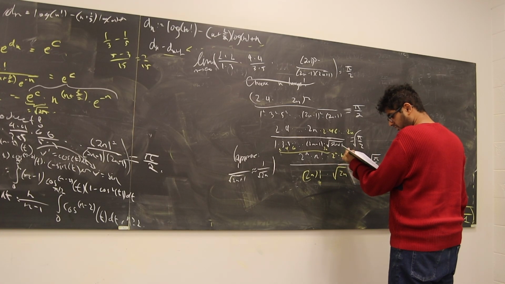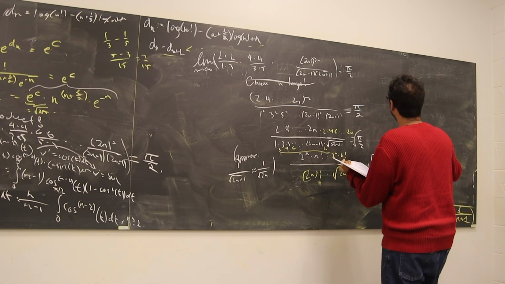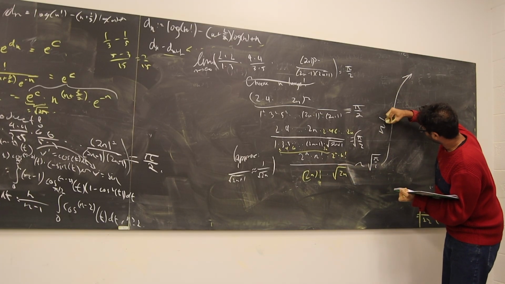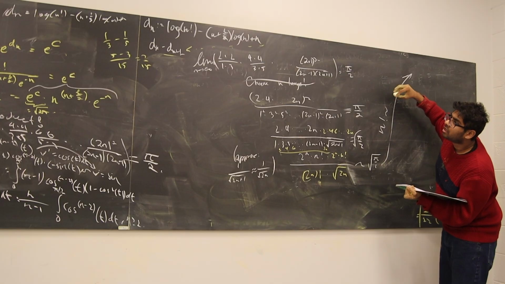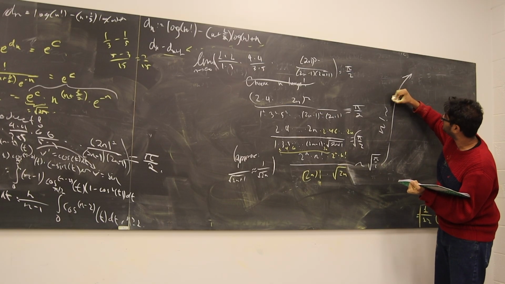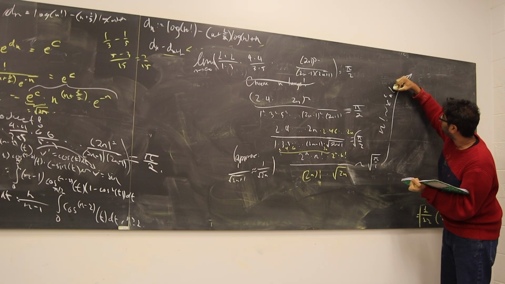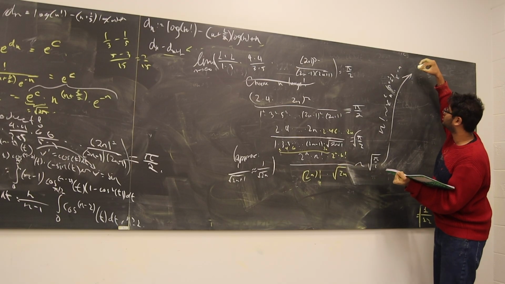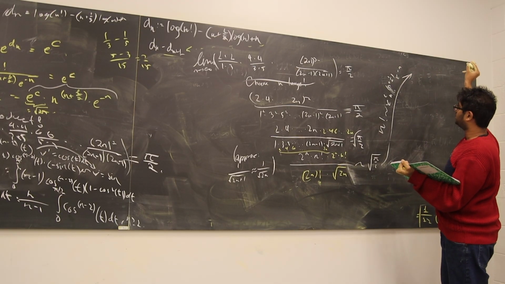I'm just going to write this out by hand because the algebra is really boring. Every time we replace, n factorial is about e to the c times n to the n plus 1/2 times e to the negative n. That's what we're replacing it with, by the way.